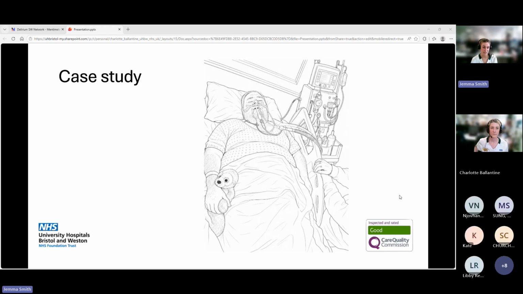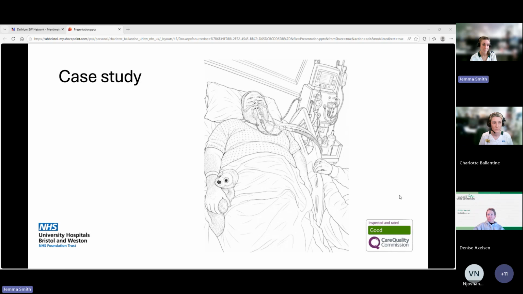He's higher up on the frailty scale, isn't he? Because he's not doing so much for himself anymore. He's needing help from his wife, and we need to know why that is. Is that a physical thing? Is that a cognitive thing? Is there a new emerging cognitive deficit at baseline that we're not aware of?